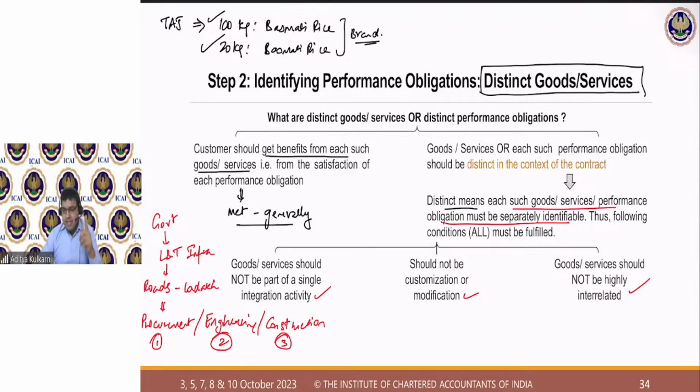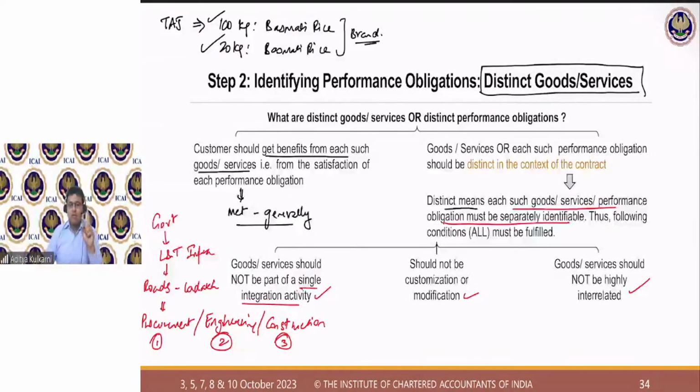They are distinct services from each other, but in the context of the contract, they are one single service that is being done, because all of them are part of a single integration activity.